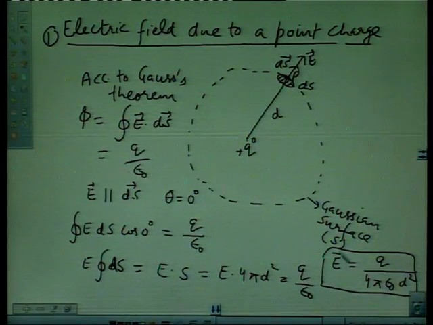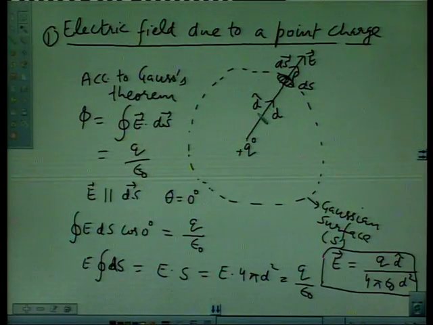If we write it in vector form, we have E vector is equal to q upon 4 pi epsilon naught d square, and the direction is d cap. D cap is along this line, it is a unit vector. So, this is the first type of electric field, which is due to a point charge.